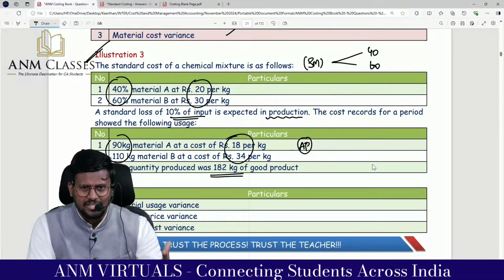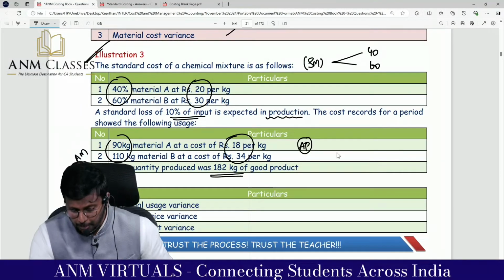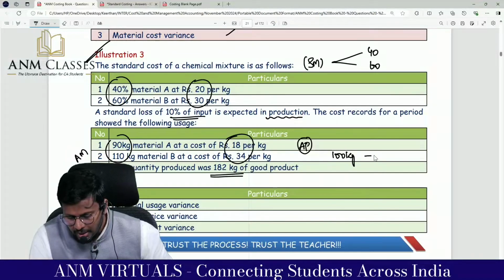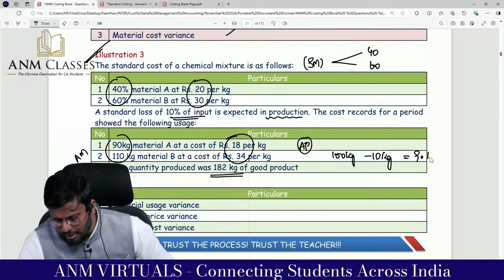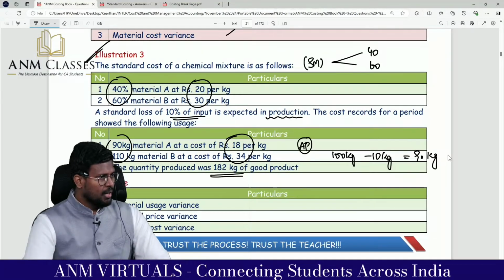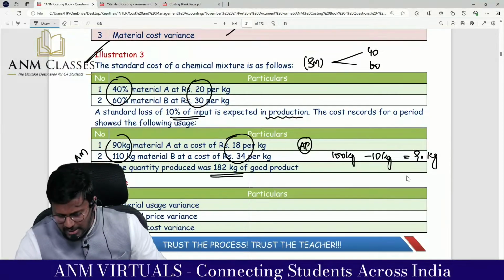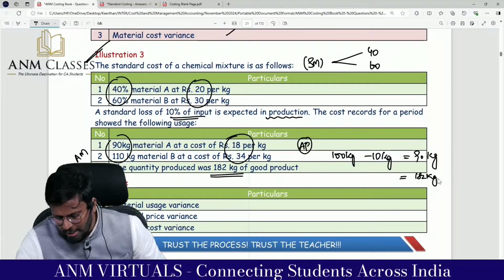That means good units. If I put in 100 kg, 10 kg will be normal loss, and I will get only 90 kg as output. My real output is 182 kg.